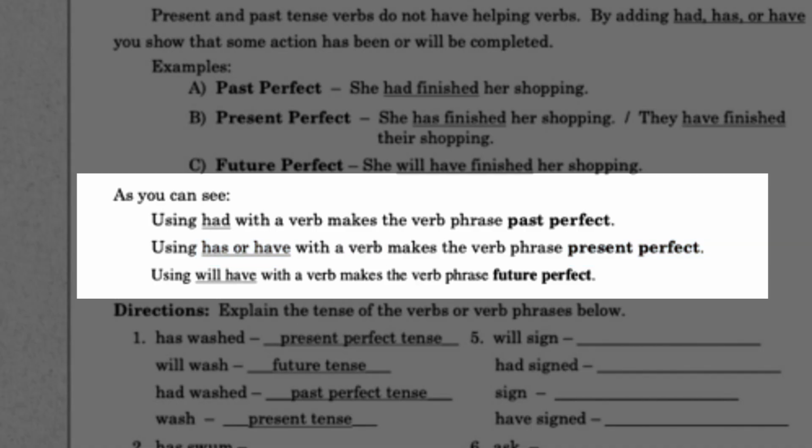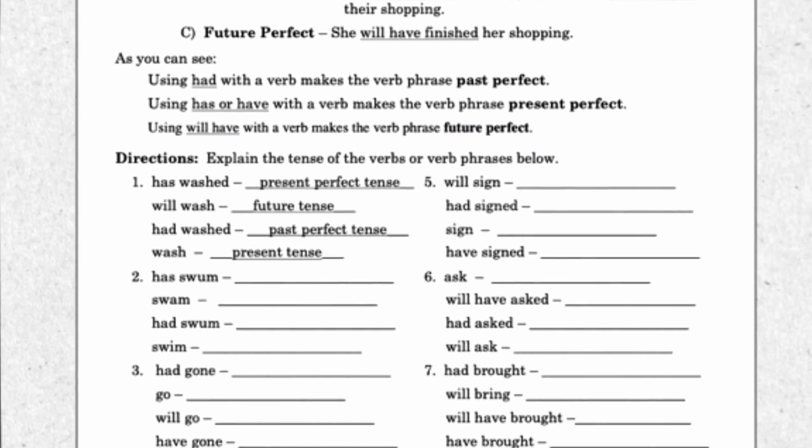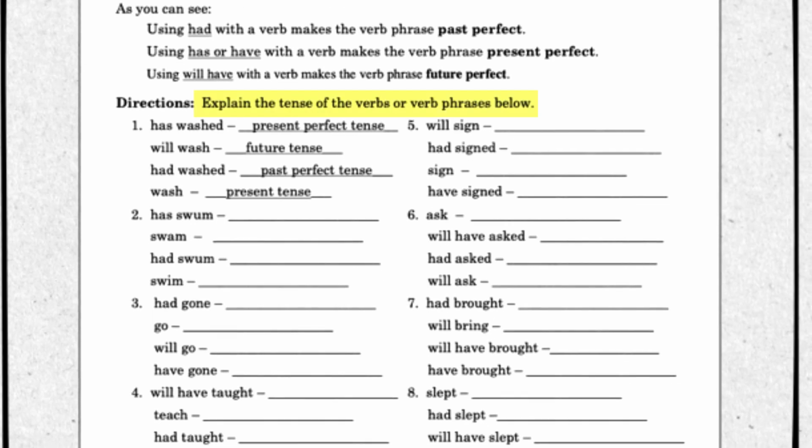And using will have with a verb will turn it into a future perfect tense. And that's followed up with the activity that starts getting them comfortable with that idea of using had, has or have, or will have with verbs. And it starts getting them comfortable identifying perfect tenses and using perfect tenses.